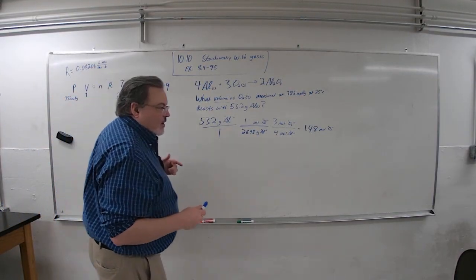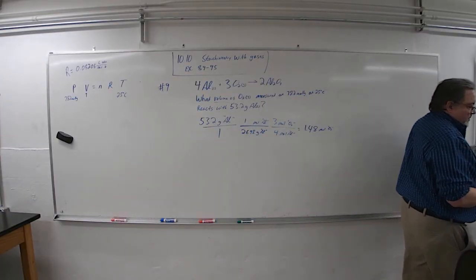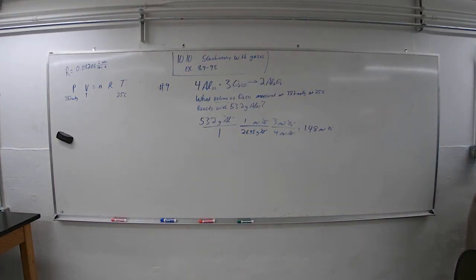I know there are, but I don't think your book uses them. I think the easiest thing to do to solve a problem like this is to use that same R value, but convert the temperature and the pressure into the correct units.